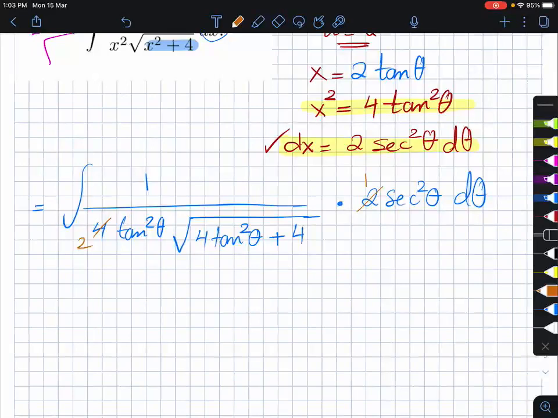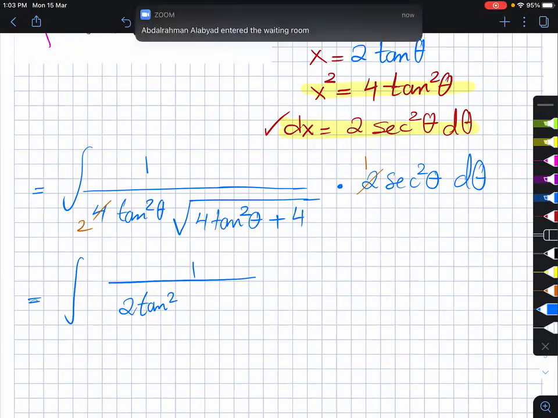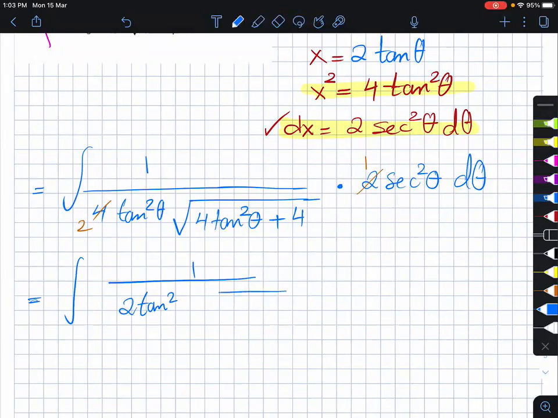And simplify the root. Underneath the square root, take 4 as a common factor: 4 tan squared theta plus 1, and then multiplied by sec squared theta d theta.